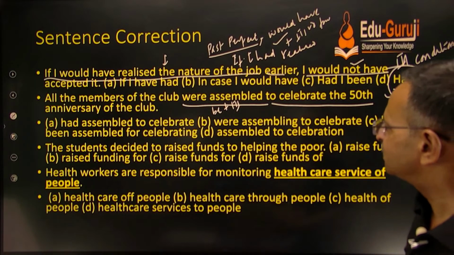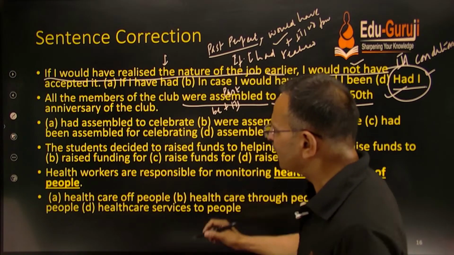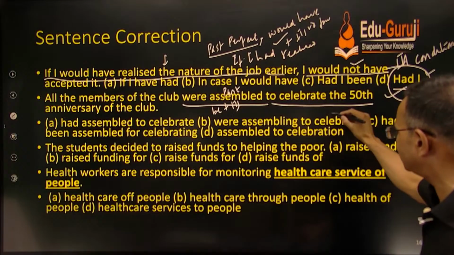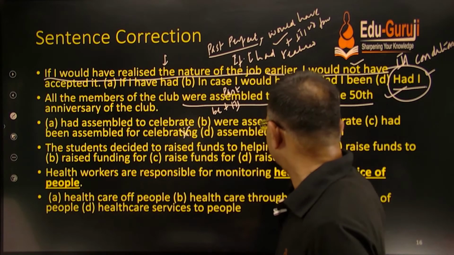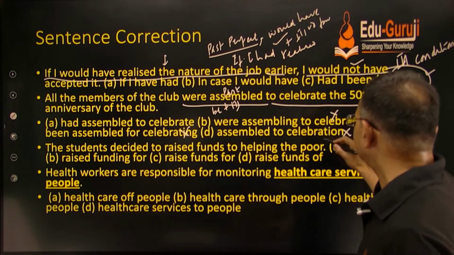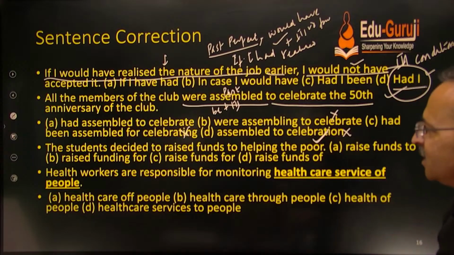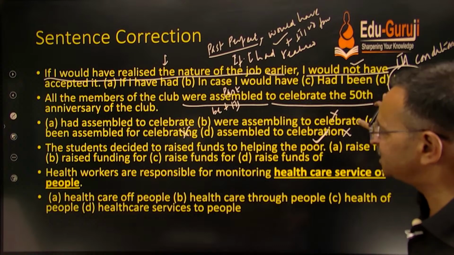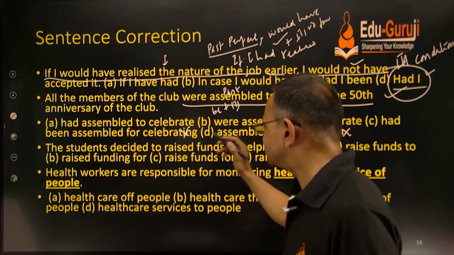So it should be in the past perfect. "Had assembled to celebrate", "were assembling to celebrate", no. "Had been assembled for celebrating", no. "Assembled to celebrate", no. You may think "assembled" is there, but because the celebration is already done, we need a verb which is in the past perfect.